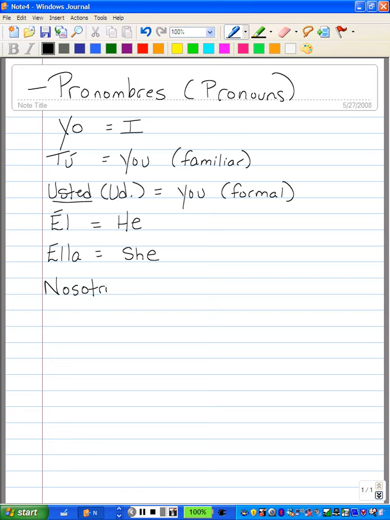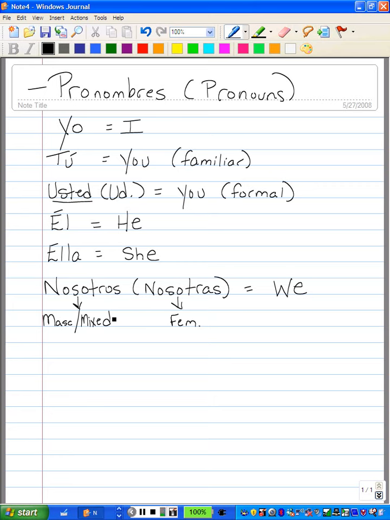You have the words nosotros, and you have the word nosotras. Both of these mean we. Nosotras is feminine. Nosotros is masculine, or it can be a mixed group.